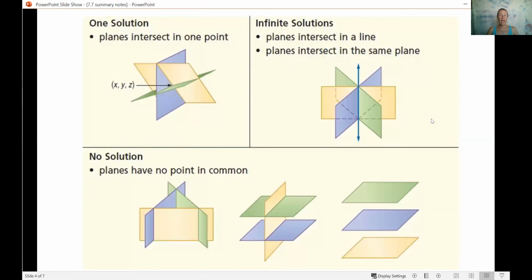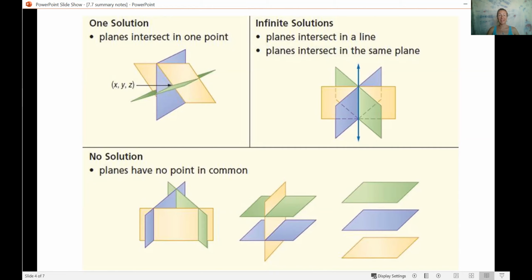Let's take a look at what graphically these solutions look like. Each one of those equations has a graph that is a plane in 3-dimensional space. So we have 3 planes in 3-dimensional space, and we want to find one point in space that is on all 3 of those planes.